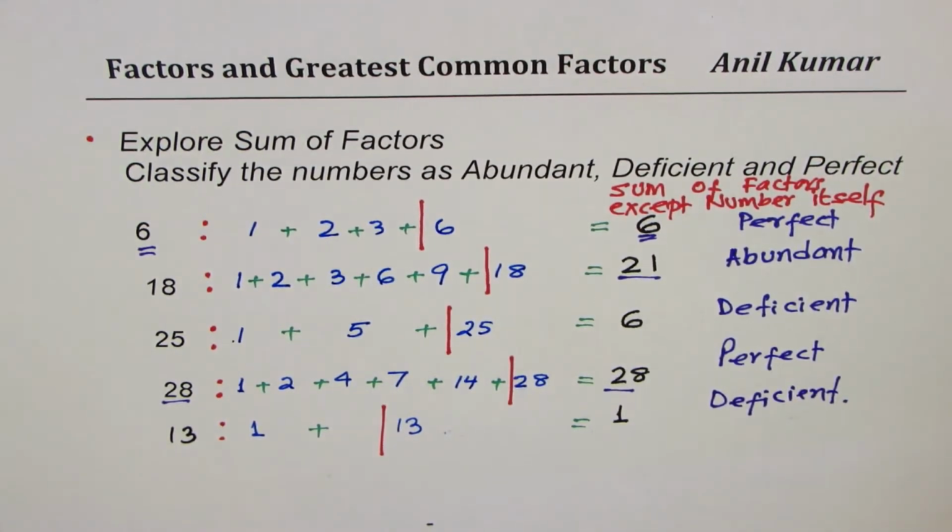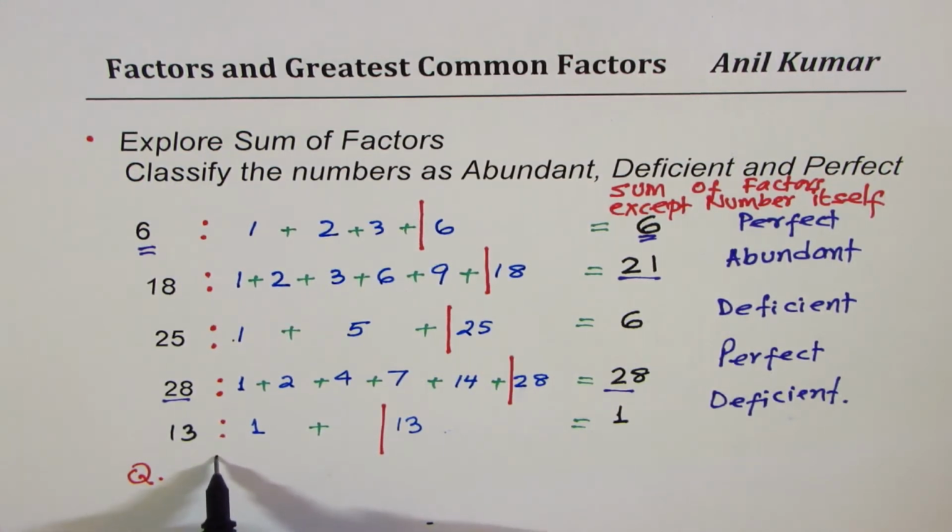Is that clear? So this is the exercise which we have done, and based on this exercise I have a question for you. From here, what do you conclude about composite numbers?